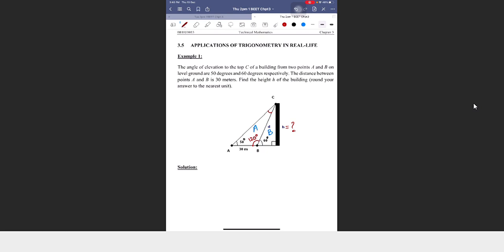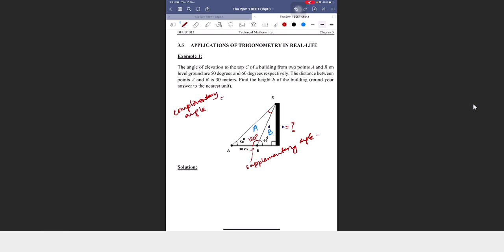This is the concept of supplementary angle. Remember the word complementary last time? Complementary and supplementary.